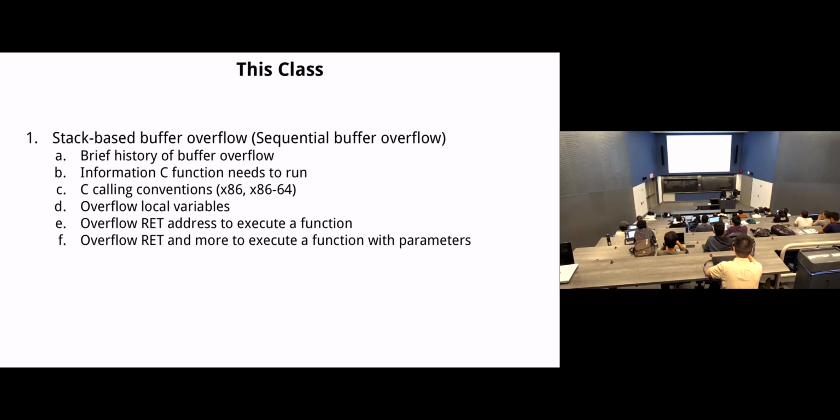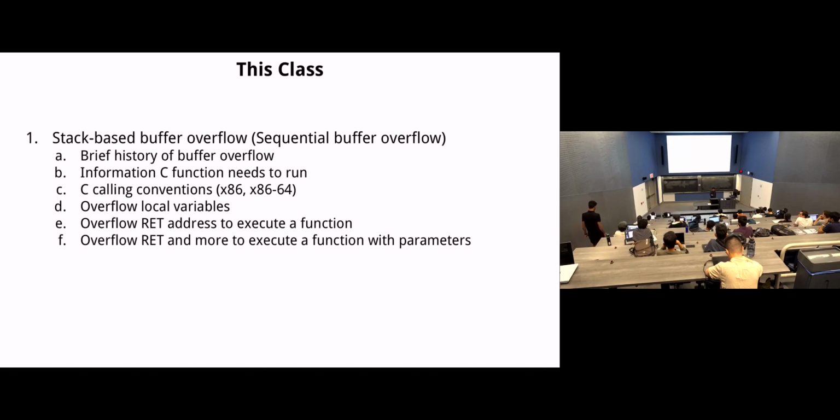So I will talk a little bit about the history of stack-based buffer overflow. We will go through what kind of information a C program, a C function needs to run. Talk about several C calling conventions. Today we will only look at how to overflow some local variables. Next week we will look at how to overflow return addresses so an attacker can execute arbitrary code.